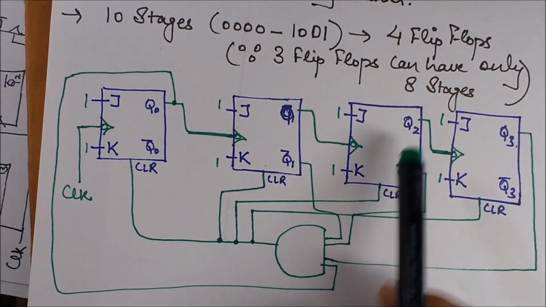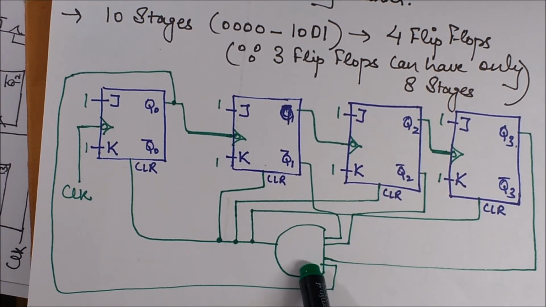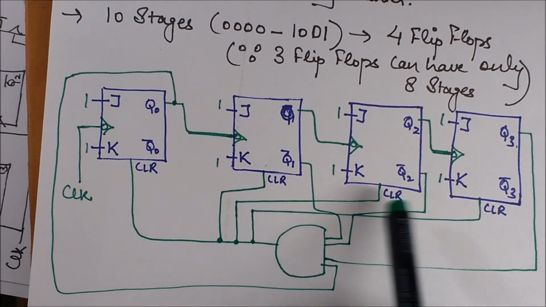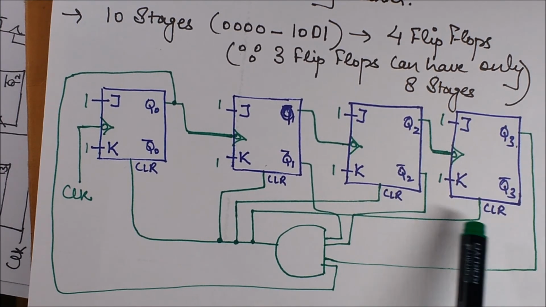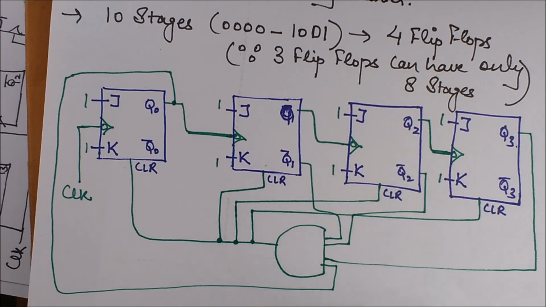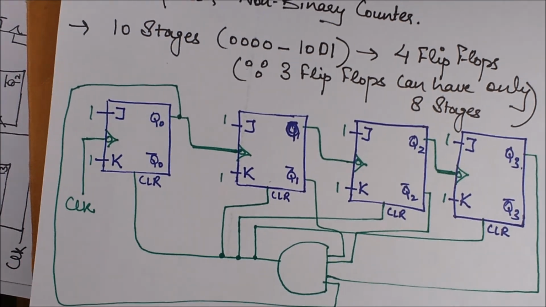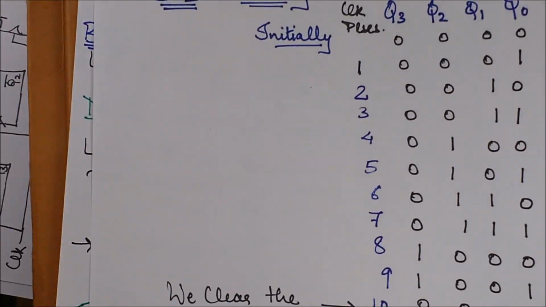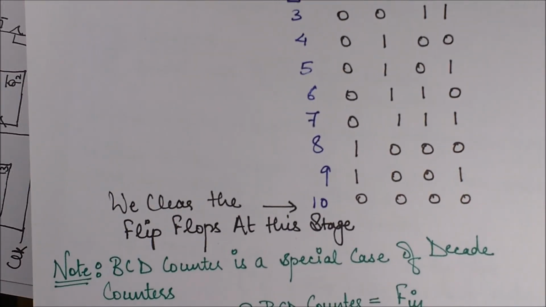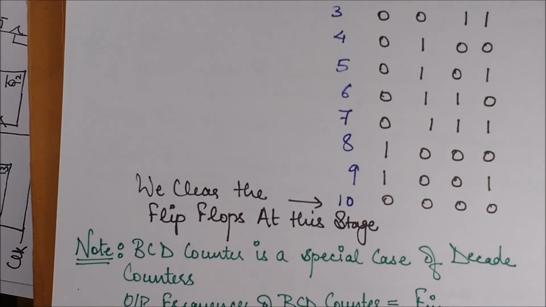If I had chosen these, the product would have become 0, and I want to set the clear bits, right? So I have to insert a 1 over there. That is the reason why I'm taking the NOTs of these and the original outputs of these. So with this we clear the contents of our flip-flops and the entire thing repeats again.